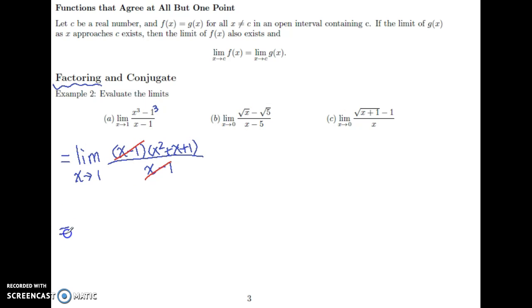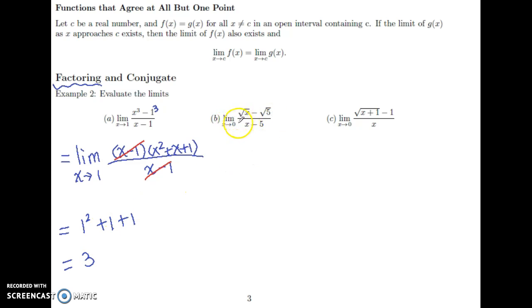Direct substitution is always a way to do the evaluation unless we encounter a 0 denominator. So in this case, we substitute x equals 1. We get the limit equals 3.